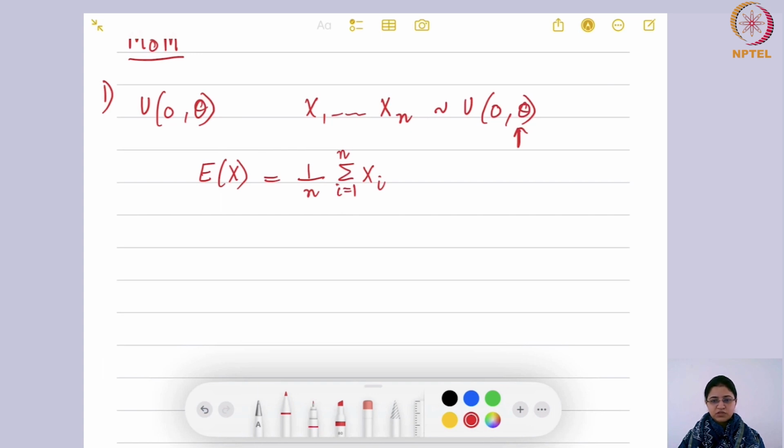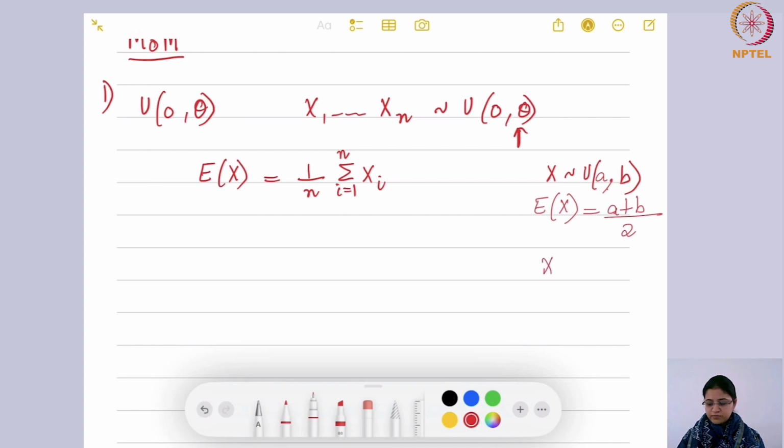the first sample moment. Now what is the expectation of x in the case of the uniform distribution? If a random variable x follows uniform with a general parameter a, b, then the expectation of x would be (a plus b) by 2, right?